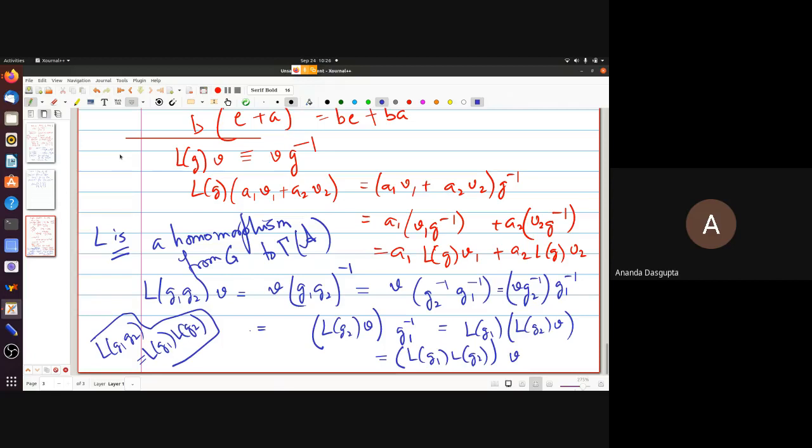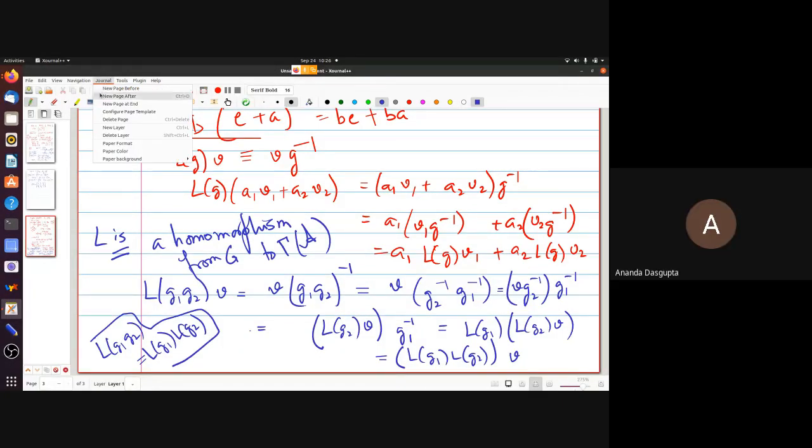LG is an element of that. L maps you from small g to LG; its domain is capital G, its codomain is the set of all automorphisms on the vector space of the group algebra.